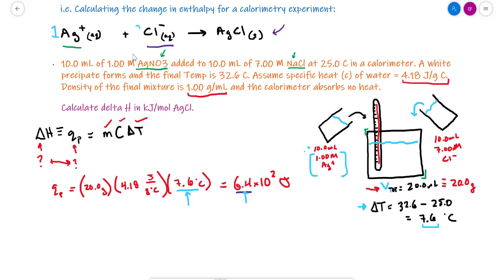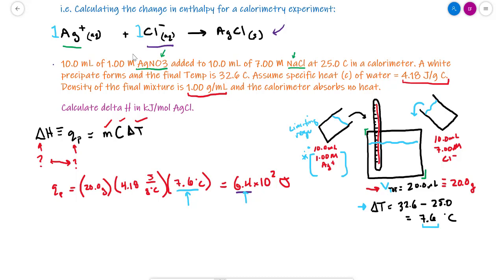These two things are reacting 1 to 1, so it's pretty obvious which one's going to run out first, because the volumes are the same, but we've got a 7 times more concentrated chloride solution. So that means this is going to be the limiting reagent.